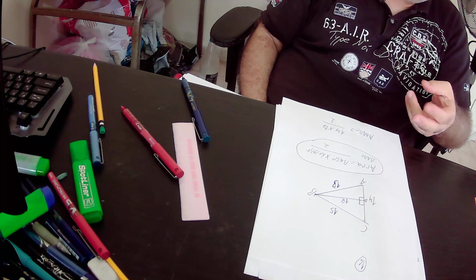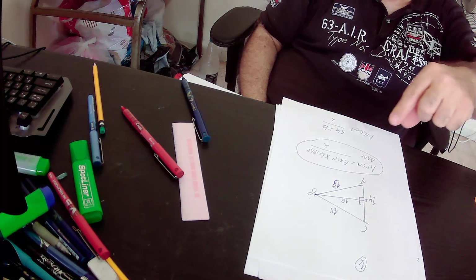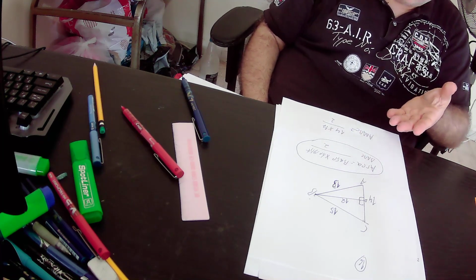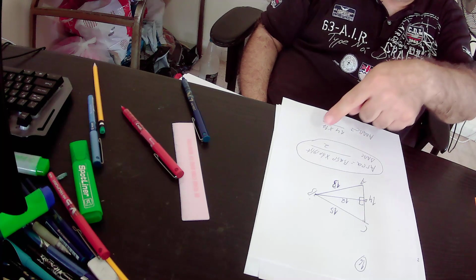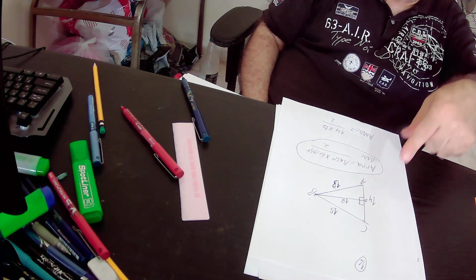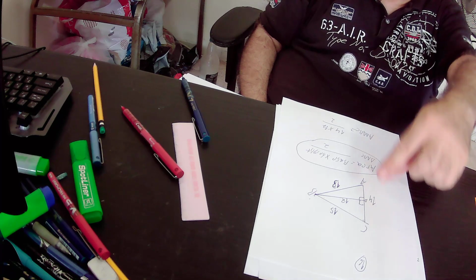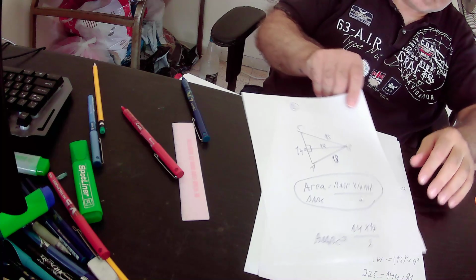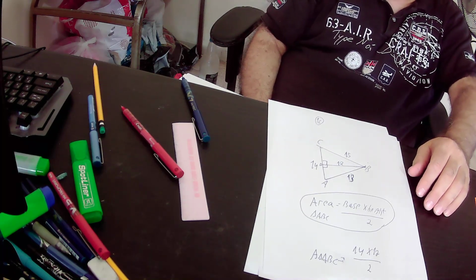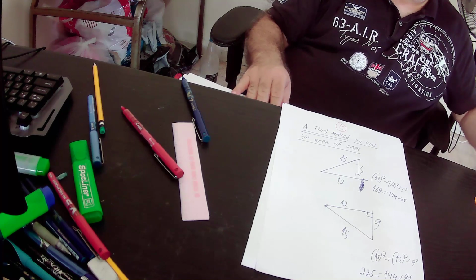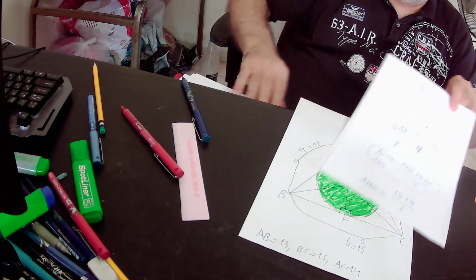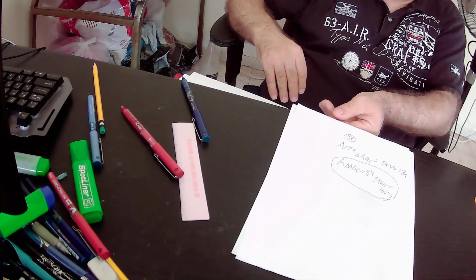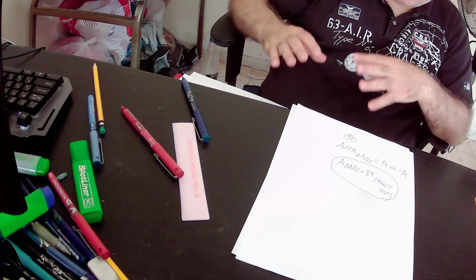When we know that the base is 14 units and the height to the base is 12 units, the area of triangle ABC will be equal to the base times the height over 2. That is to say, the area of triangle ABC will be equal to 14 times 12 over 2, that is 84 square units. We found the area of triangle ABC in a third way.